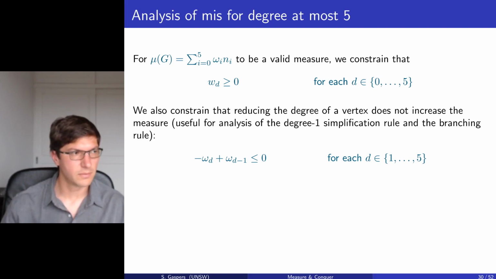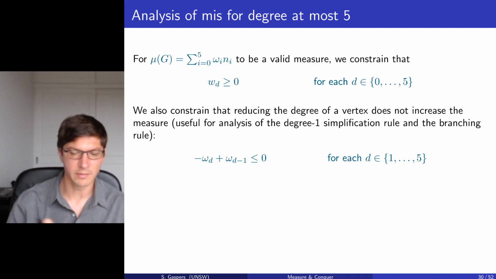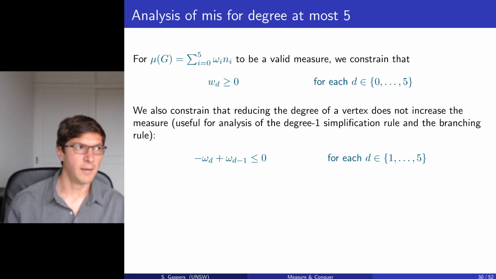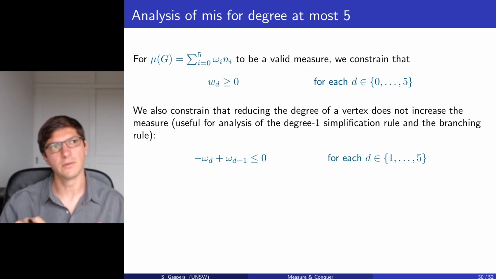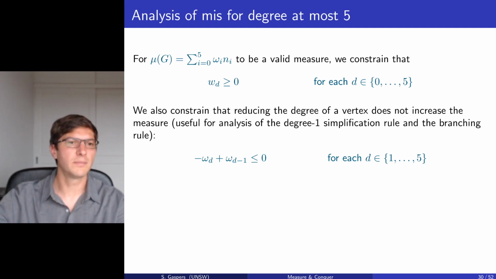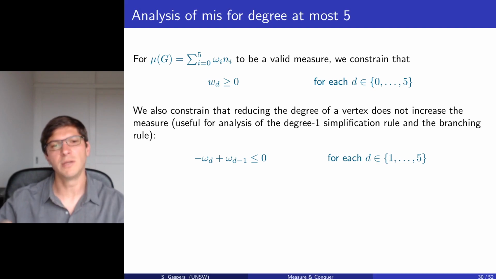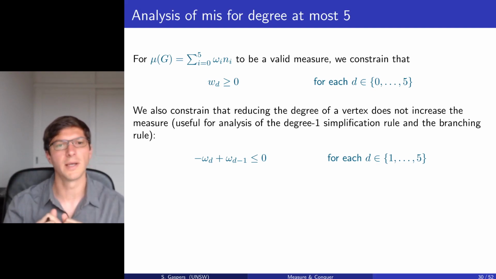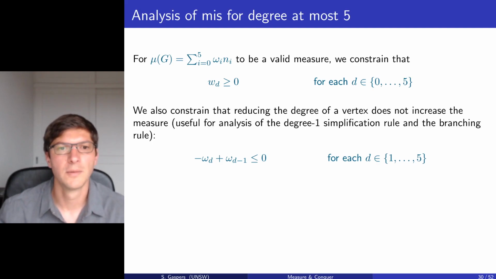Because in the end we are going to write down some constraints and say the measure decreases by at least this much, and if some more simplification rules happen, that can only be beneficial to us. That will never increase the measure because of this constraint. So we constrain that reducing the degree of a vertex does not increase the measure.